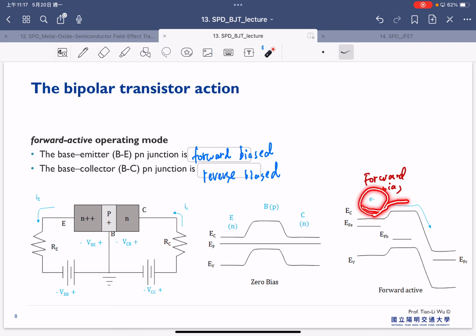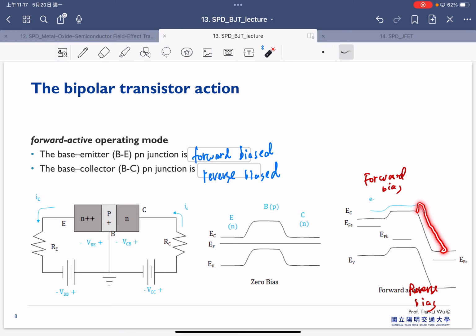The barrier being reduced means the electrons can start to flow from the left to the right, and reach this region, which is under reverse bias. Reverse bias means that we have a high electric field here, so the carriers can be accelerated by this high electric field.